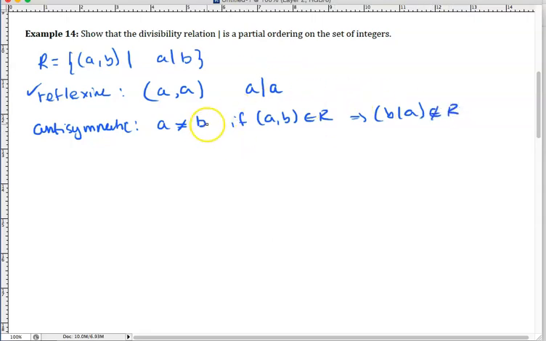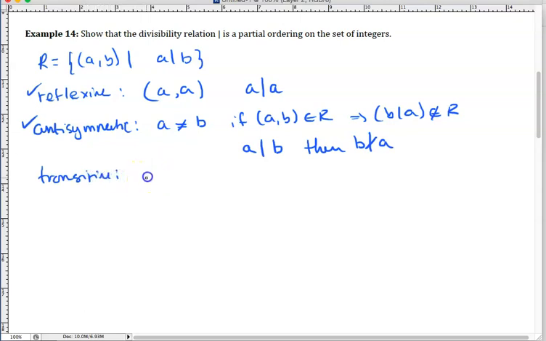Basically we need to show that if a divides b, then b does not divide a. That's true. If a number divides another, the bigger one is not going to divide the smaller one, so it's also antisymmetric.